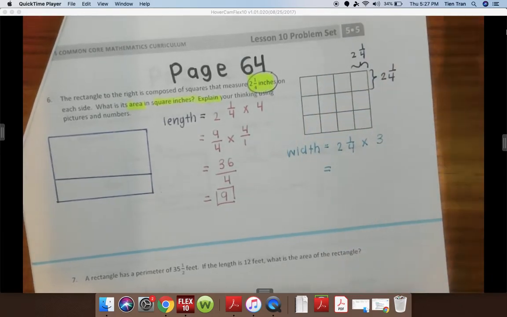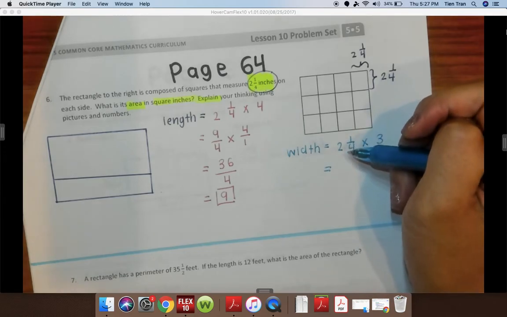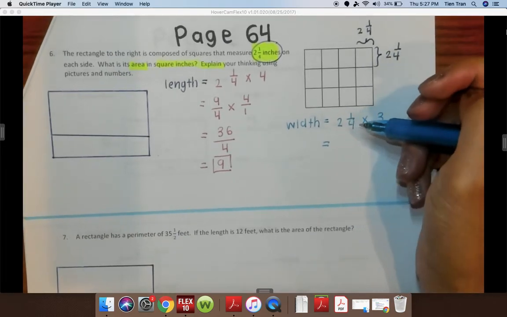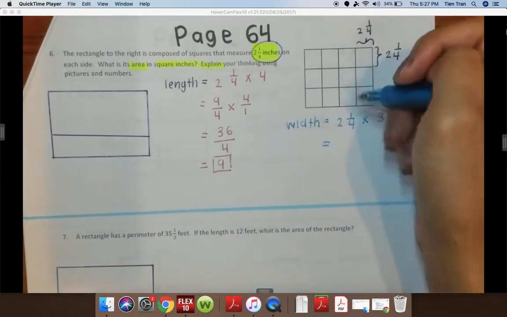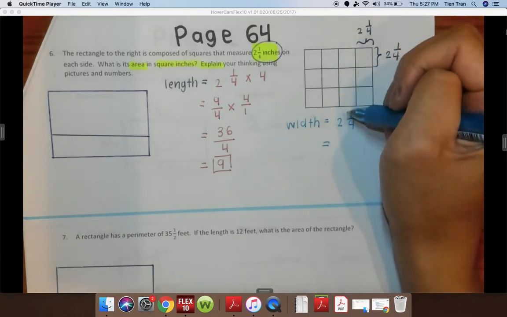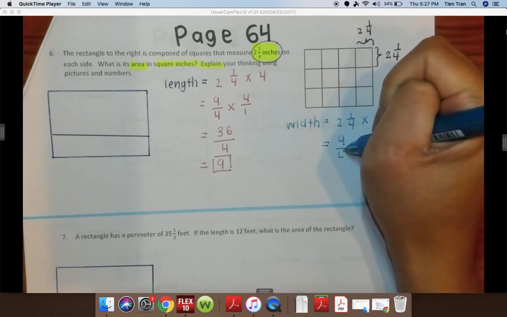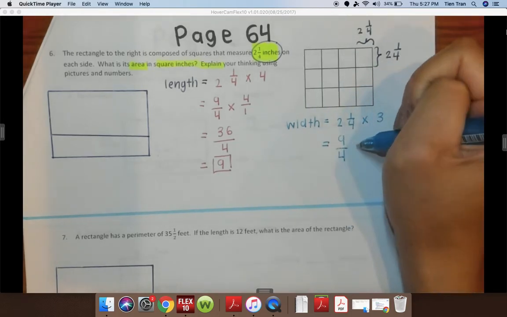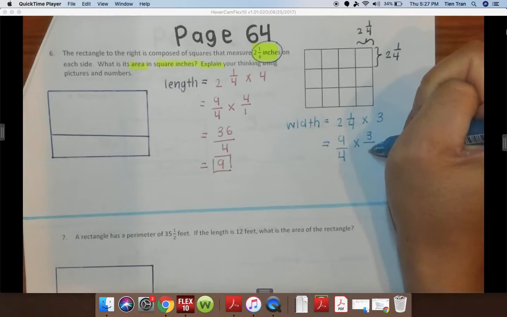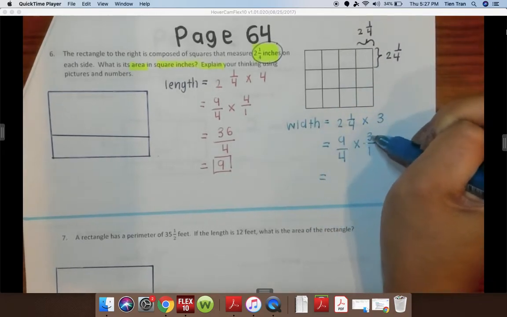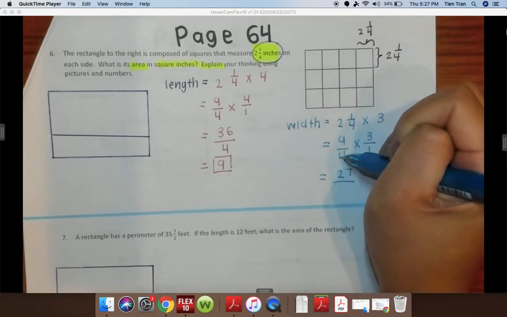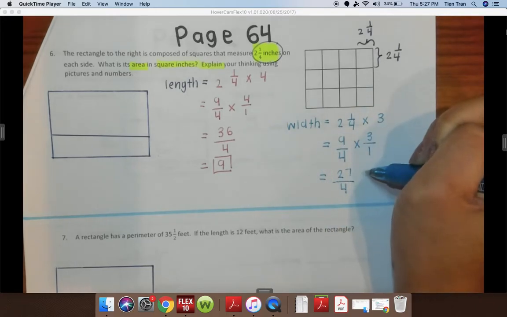Again, I want to change my 2 and 1/4 into an improper fraction. Sorry, I keep getting those confused. 4 times 2 is 8, plus 1 is 9. My 4 is my denominator. I'm going to multiply this times 3. 9 times 3 is 27. 4 times 1 is 4. So I have 27 divided by 4.